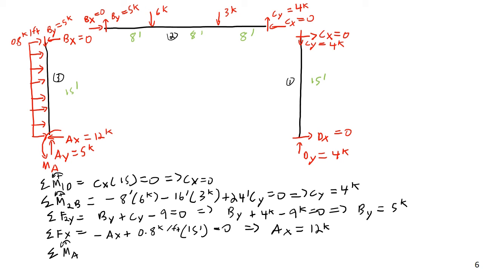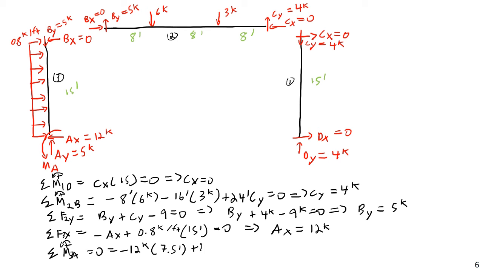Sum of moments about A is going to be equal to 0, and, you know what, to be consistent, I should probably put a 3 here and a 3 here to show I'm doing the sum of moments of object 3 about point A. And that's going to be equal to 0, and that will be negative 12 kips, the equivalent point load of our distributed load, times a moment arm length of 7.5 feet. Again, the centroid of the distributed load is right at halfway along the column's height because it's a uniform load.